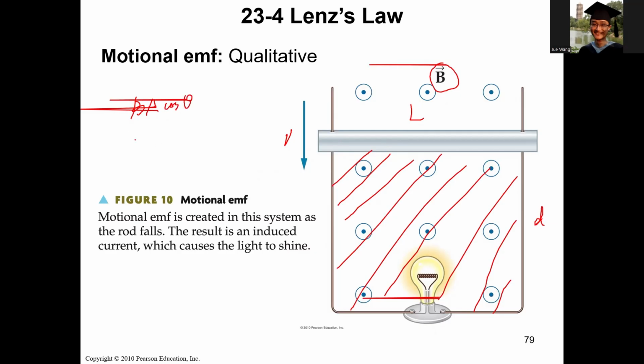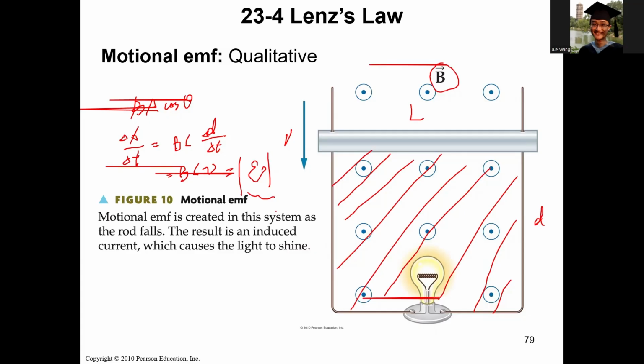The rate at which magnetic flux is changing here, delta phi divided by delta T, we derived, is basically B times L times delta D divided by delta T, right? And delta D divided by delta T is the speed v, so we get BLv. This is the absolute value of the induced electromotive force. Now you have a quantitative description of the induced electromotive force.